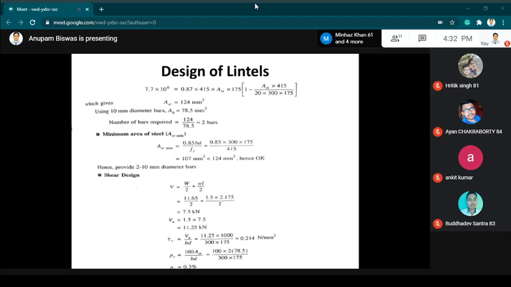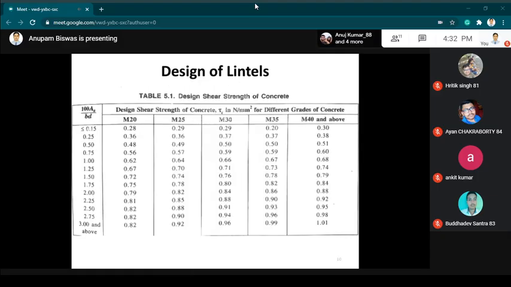Next, Pt is required to be found out. The value of Pt, we know, is to be obtained from the design table for 100 As by bd.